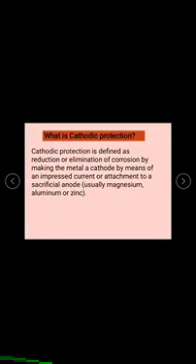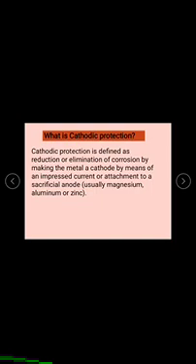Simply, cathodic protection is defined as the reduction or elimination of corrosion by making the metal a cathode by means of an impressed current or attachment to a sacrificial anode. Usually magnesium, aluminum, and zinc are used.